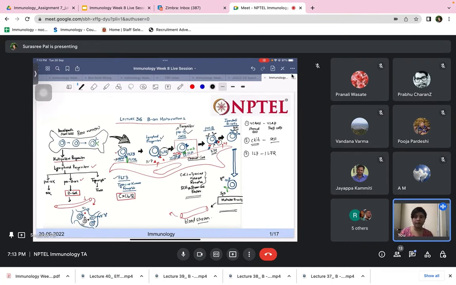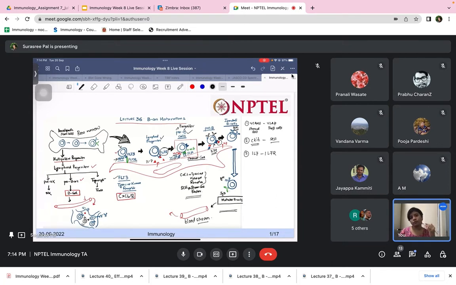Now we will look at what are the specific events which are taking place inside the B cell, because you know that the function of B cell is to produce these immunoglobulins, right? So when the B cell is maturing, there will be several changes in the immunoglobulin molecule, which is expressed on the cell surface, which is called the membrane immunoglobulin molecule, right?